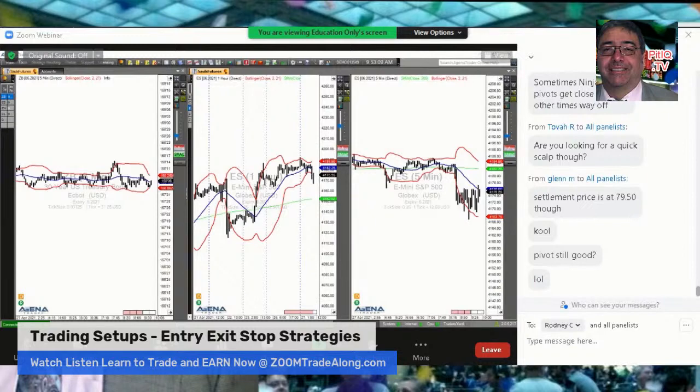Again, we're focused more on the morning hours. As the morning hours slowly come to an end, you can see that the volatility has been slowly sucked out of the market. And opportunities are a little less, especially as the morning goes on, and especially if we get into a tight little range.